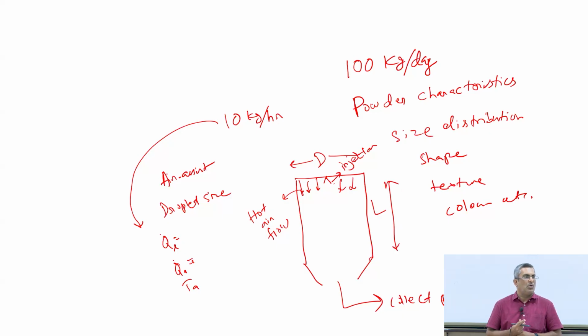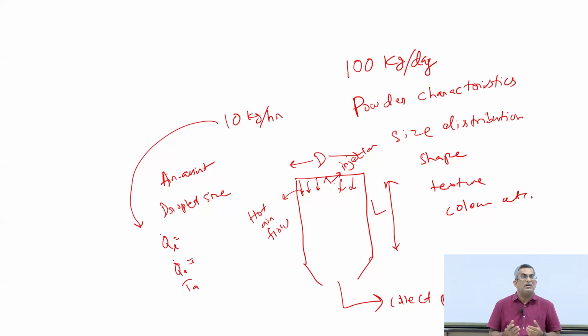So the question is, how do you decide these parameters? One way is that you say, I will start with some value. Let's say I will take a diameter of 1 meter, a length of, let's say, 2 meters, and I will have airflow at, let's say, 80 degrees. Like this you start.